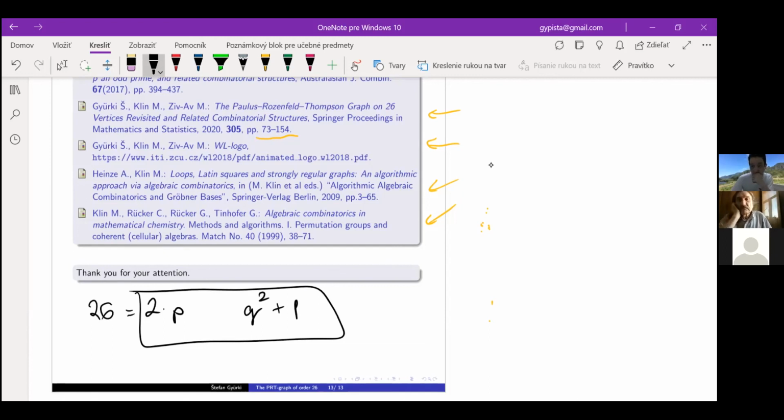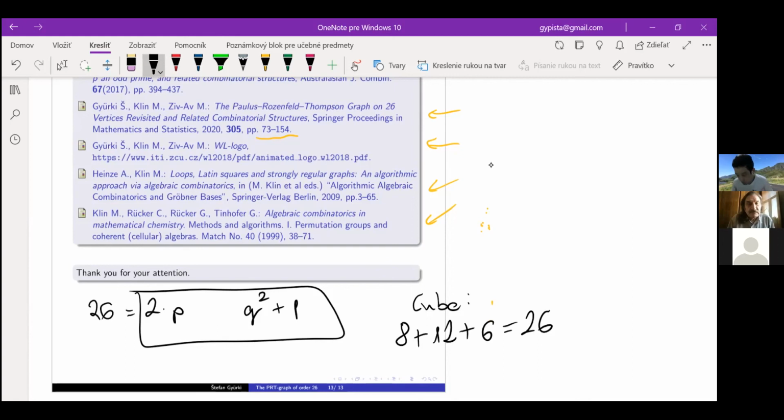actually I was speaking on Thursday at the Canadian Discrete Mathematics Conference, and somebody asked me that, okay, this graph is related to the dodecahedron and the icosahedron, and he is asking me whether it is related to a cube, because in a cube you have 8 vertices, 12 edges, and 6 faces, and this is giving exactly 26.